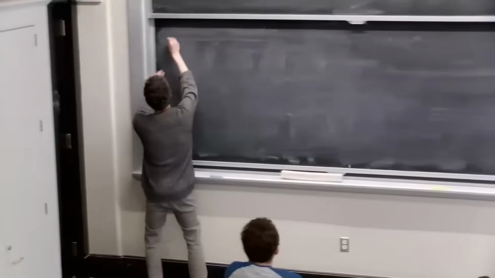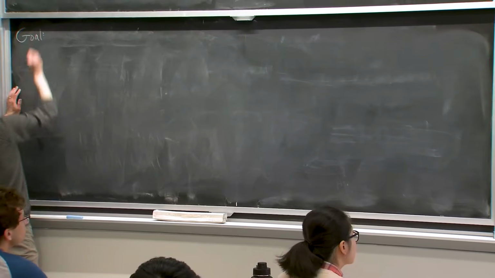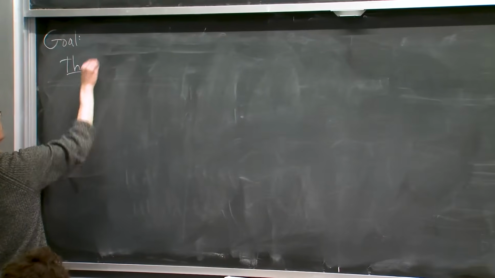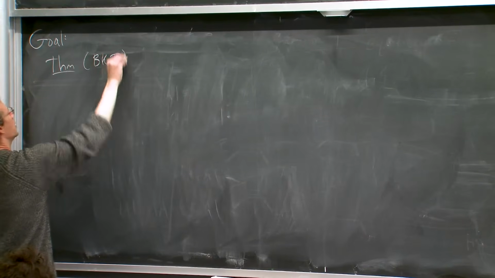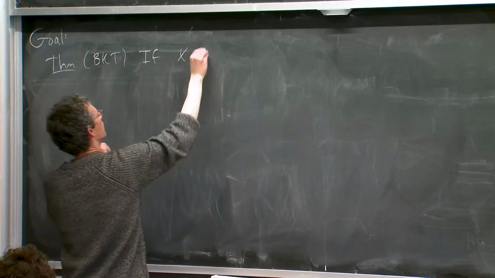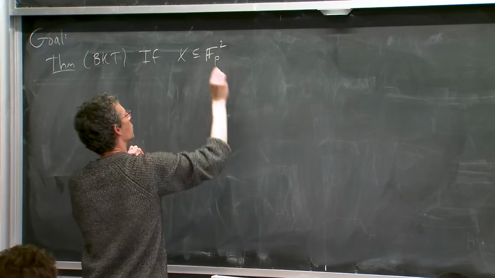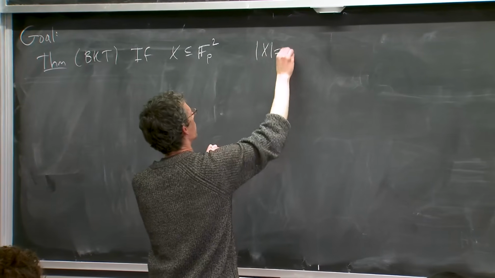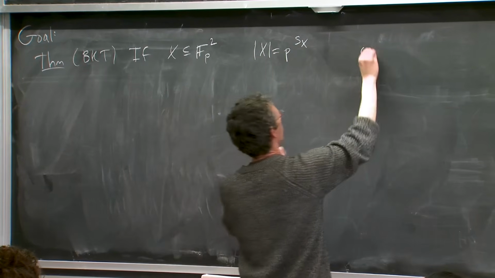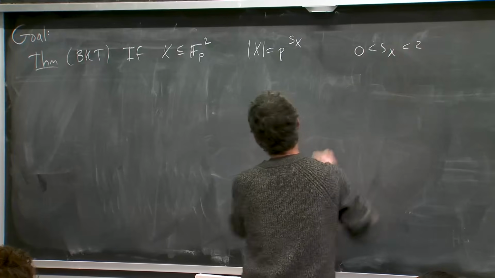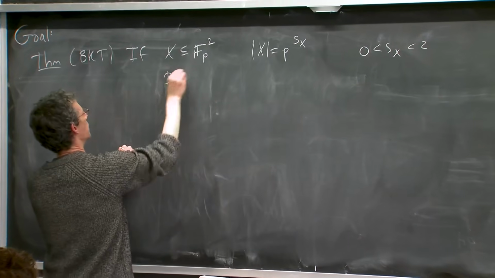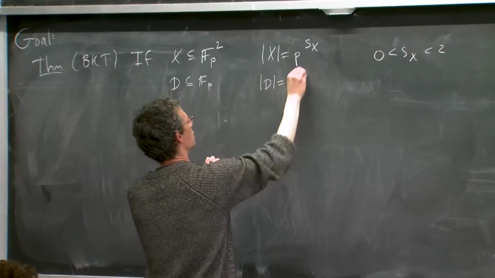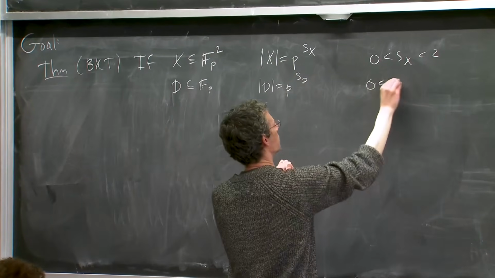Okay, so our goal, which we won't get to today, but soon, is the theorem BKT: if x is contained in F_p squared, and so the size of x could be p to the s_x, where s_x is really between 0 and 2, and d is contained in F_p, the size of d is p to the s_d, where s_d is bigger than 0.